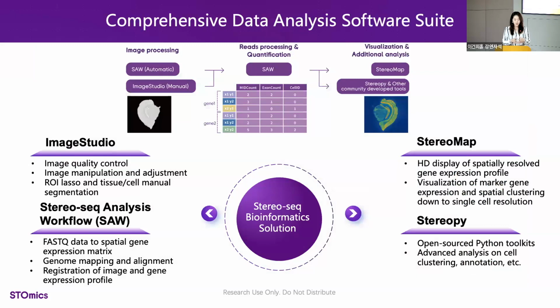We also offer an end-to-end solution for the bioinformatics analysis as well. The comprehensive data analysis software suite is provided free of charge with the kit solution, allowing you to go from image processing to reads quantification and eventually overlaying your gene expression profile onto the tissue section. For our software, we are providing manual tools as well as automated solutions for cell segmentation.